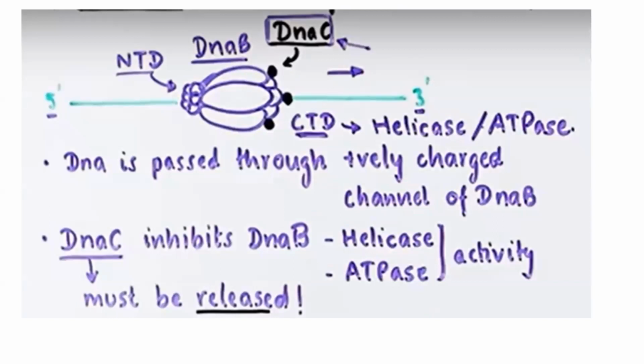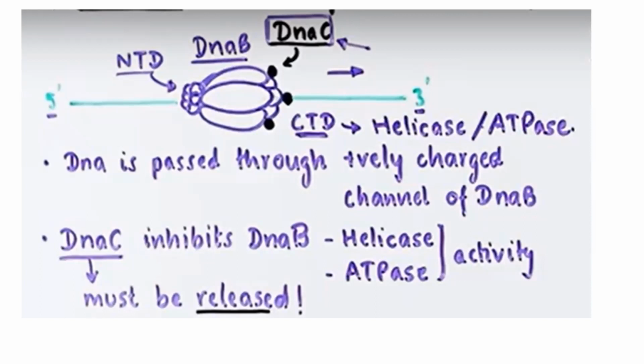However, currently the DNA-C protein has occupied the C-terminal domain of the helicase, and this essentially blocks the helicase and ATPase activity of the DNA-B hexamer. The loader protein of the helicase is also its negative regulator. So if a helicase has to move ahead, the loader protein must be released.